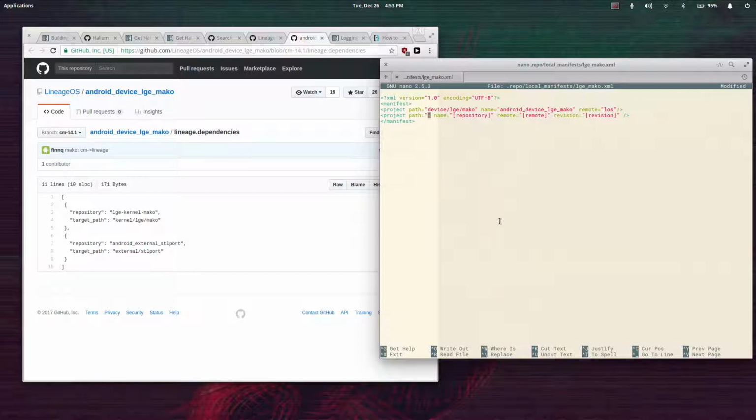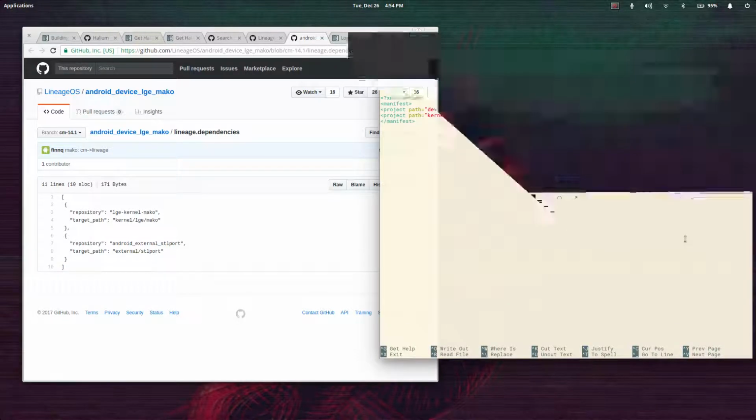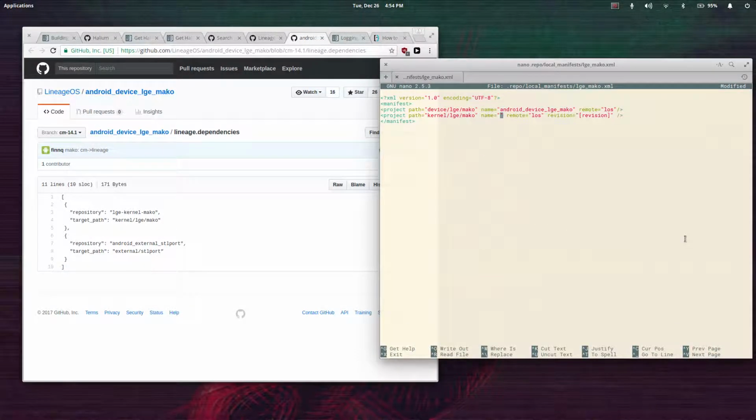Target path. Go name. And we'll also have the default revision.